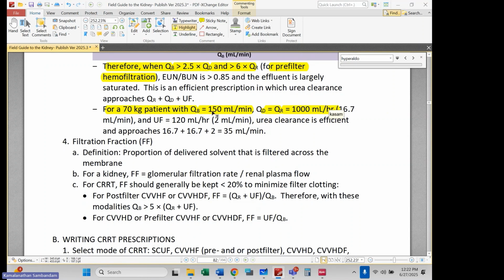A quick and dirty verification of whether your blood flow rate is fast enough that I always use is, as long as your blood flow rate is 6 times my replacement fluid flow rate, you can easily make that conclusion by dropping a 0. As long as blood flow rate, in this case, is over 100, you know that that's at least 6 times my replacement fluid flow rate, right?